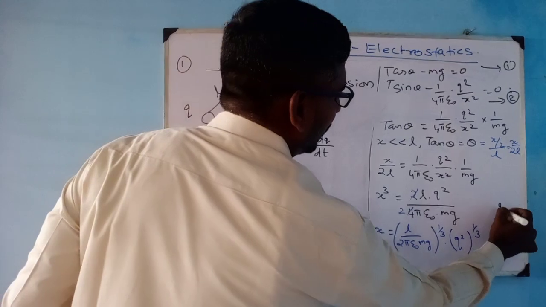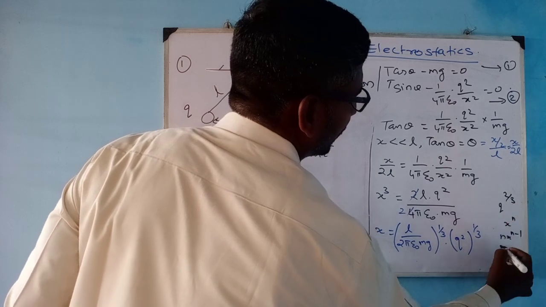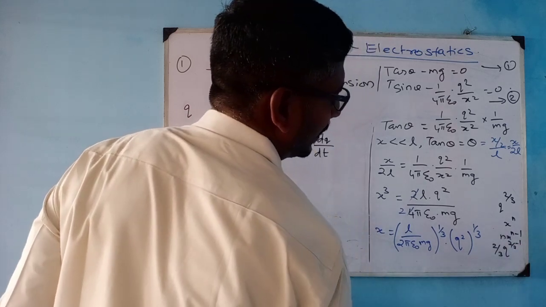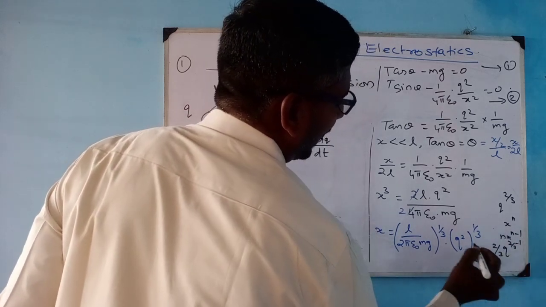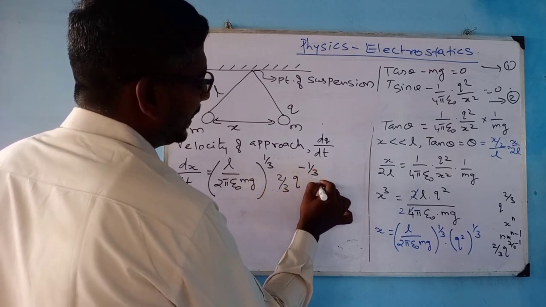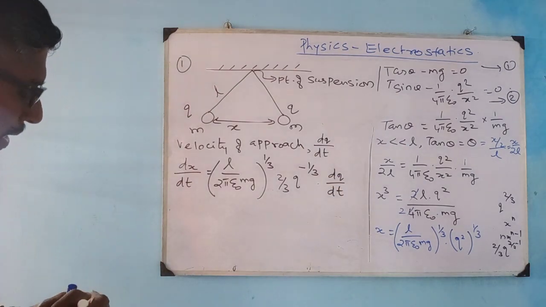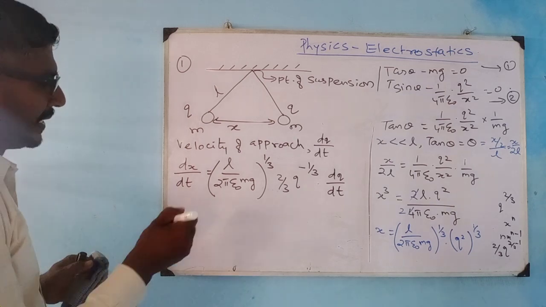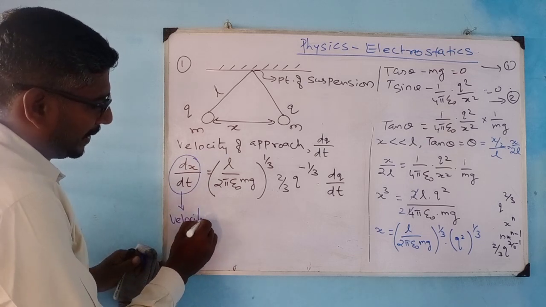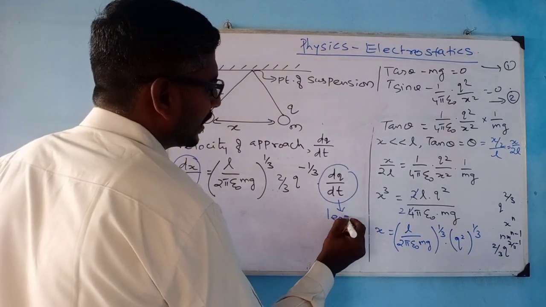Using x power n, derivative n x power n minus 1, it is 2 by 3 of q to the power 2 by 3 minus 1, which is minus 1 by 3. So 2 by 3 of q to the power minus 1 by 3 into dq by dt. Now I have arrived at the conclusion that dx by dt is nothing but your velocity, and here dq by dt is the leakage of charge.